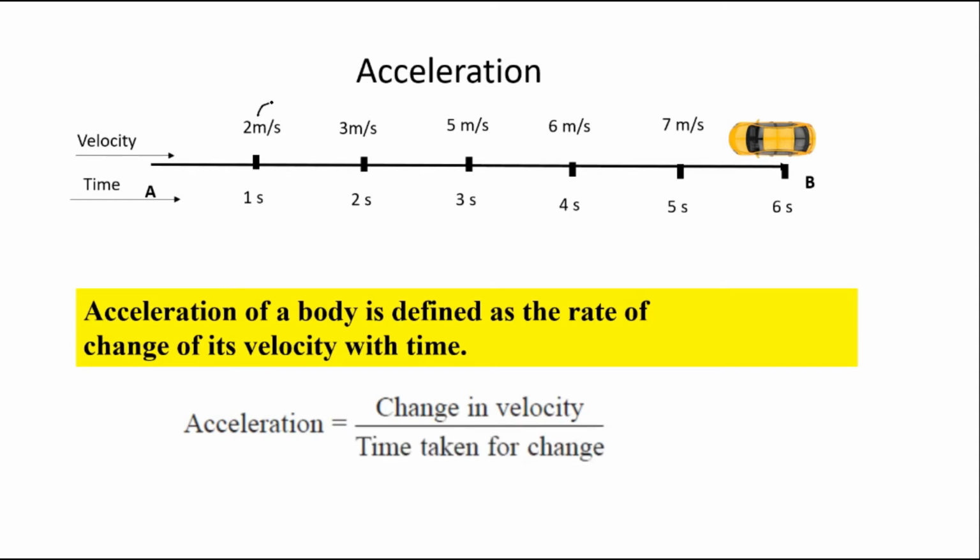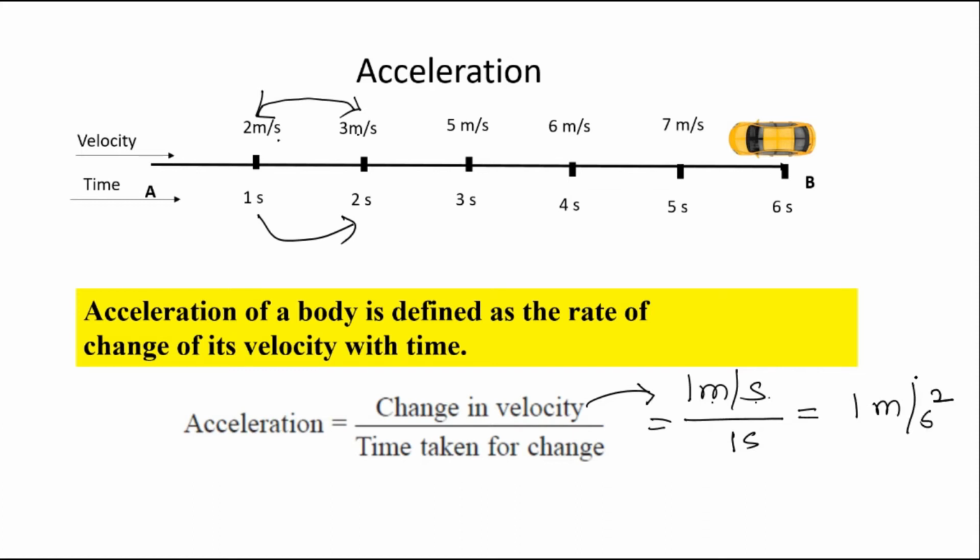For example, from here to here, how much is the change in velocity? 1 meter per second. And how much is the change in time? 1 second. So that amounts to 1 meter per second divided by second, which is equal to 1 meter per second square, and that is the acceleration between 1 second and 2 seconds.